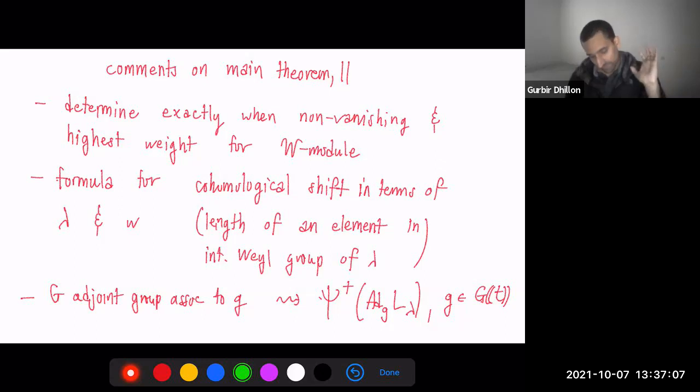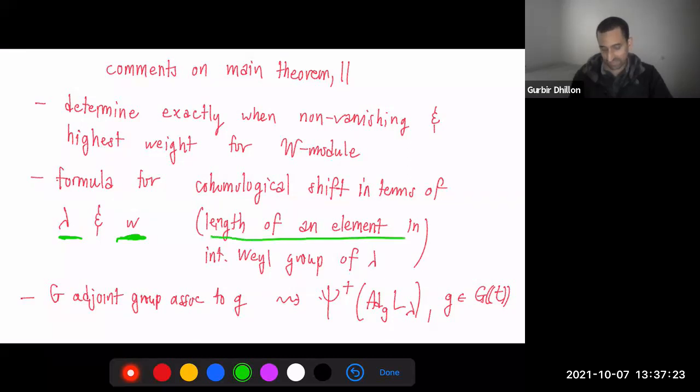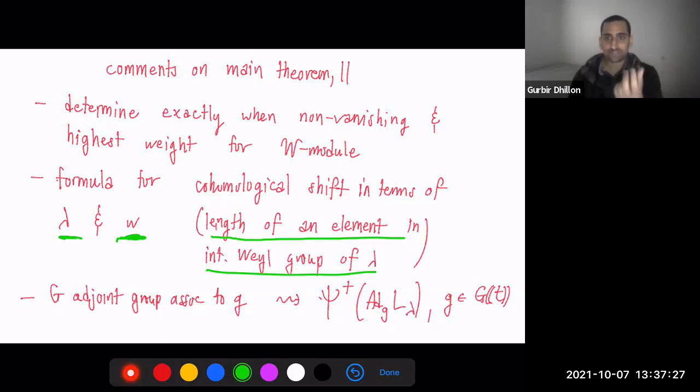The formula, I can give it to you maybe afterwards, but the basic idea is it depends on your highest weight and your spectrally flowed reduction. From this data, you get some element in some other Coxeter group, the integral Weyl group of lambda. And it's the length of that element that gives you the cohomological shift.